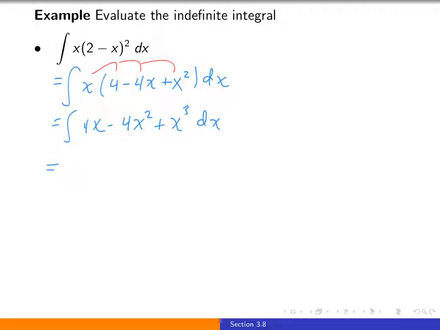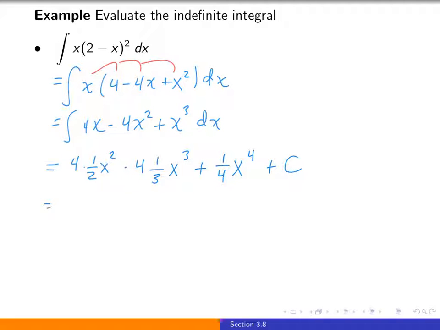So what we are going to get is the 4 times 1/2 x squared. Then minus 4 times the antiderivative of x squared. The n is 2, so 1/3 x cubed, plus the antiderivative of x cubed. N is 3, so 1/4 x to the 4th.